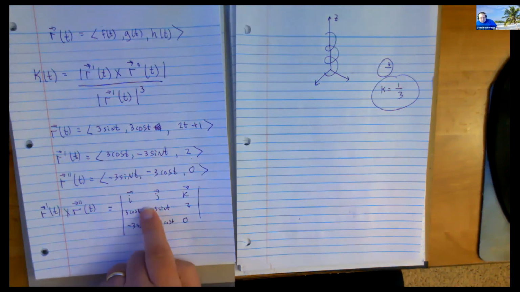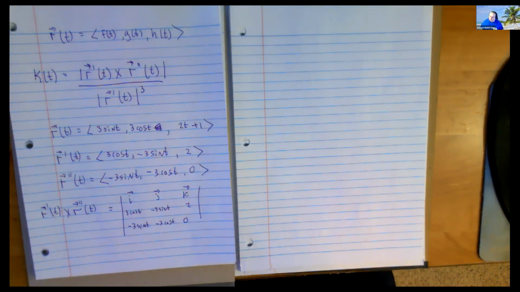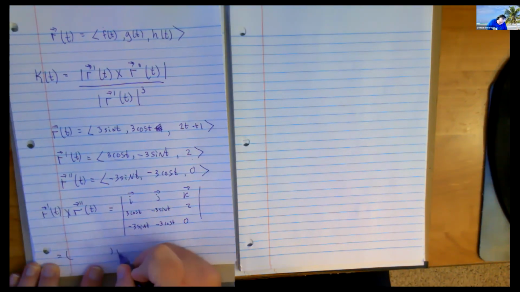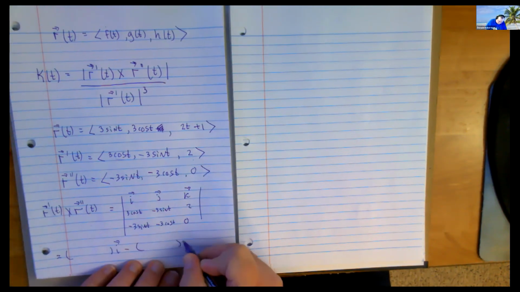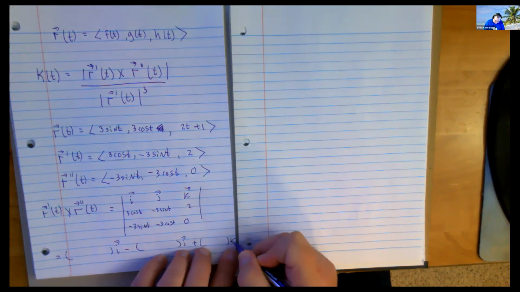Do you notice that we're doing a cross product where the terms are not numbers, but expressions with t in them? Can you imagine that itself is going to cause some calculation issues? It's going to be a little bit harder, but we should be able to do it. It's going to be so many i's, take away so many j's, plus so many k's.